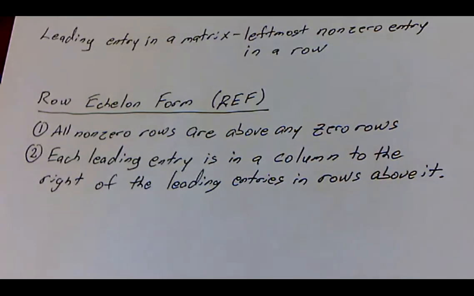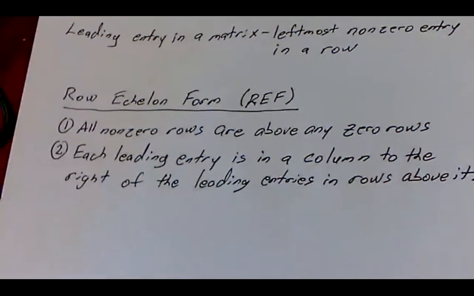Remember, columns are the vertical pieces. So when you're looking at those leading entries, they move to the right. That same triangular pattern we talked about with triangular matrices in section 1.